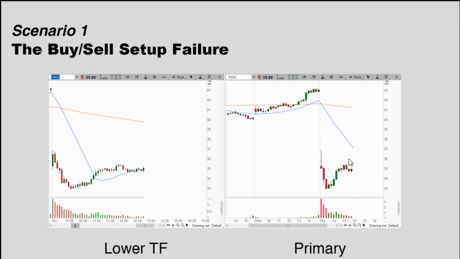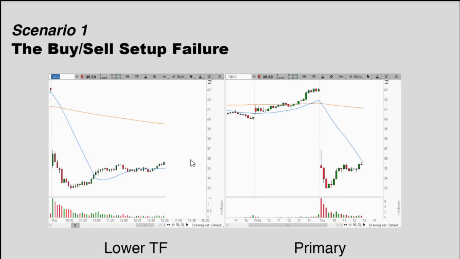And under that, now that it's formed that little 1, 2, 3, can be your secondary entry, because that would mean that the buy setup here off the smaller time frame would be failing once we break under that green bar's low, right? And in this case, you would have saved yourself some money from the initial sell setup entry, because it ended up double bottoming on the conflicting time frame, following through on that buy setup.